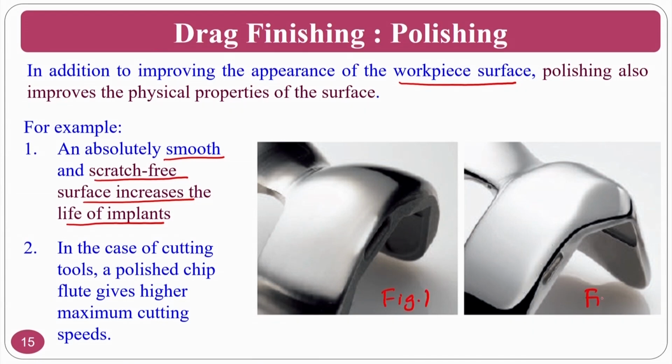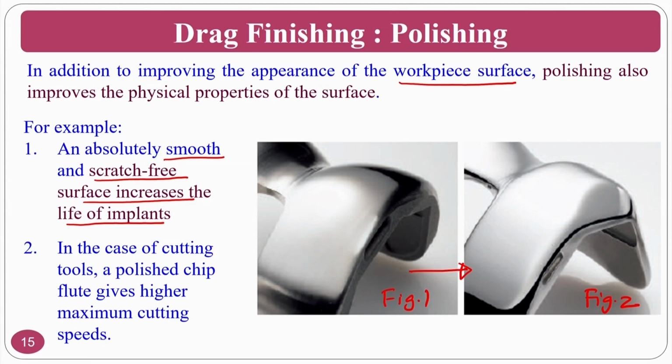Figure 2, you can improve the surface roughness, at the same time you can improve the aesthetic appeal, good look also will come, the brightness will also come on the surfaces. Okay. If you see figure 1 to figure 2, the surface roughness is decreased, that means that the finishing is improved, that means the polishing action has worked here. Shining also is improved, that means the aesthetic appeal.